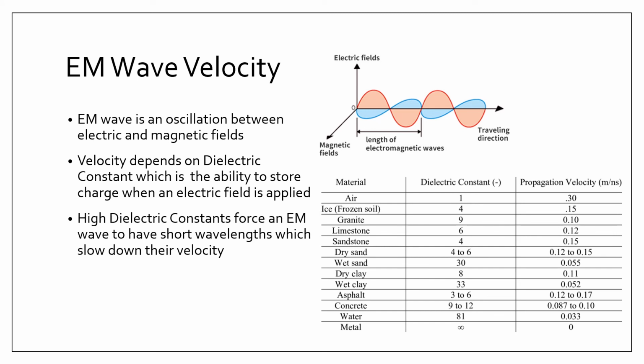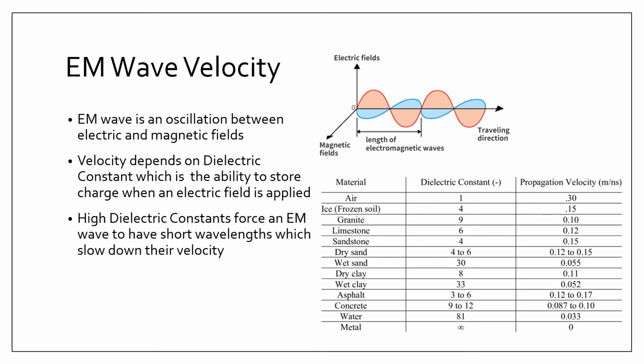Now, the next property is the electromagnetic wave velocity. Electromagnetic wave velocity is important, particularly in the ground penetrating radar method. I think you've heard of that method before.